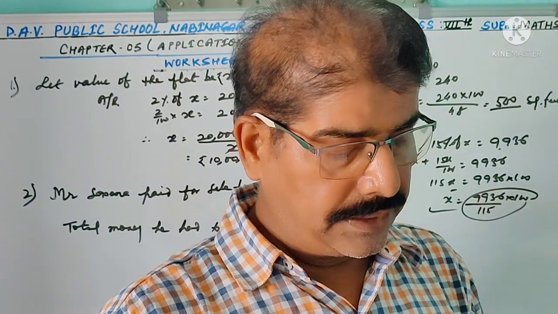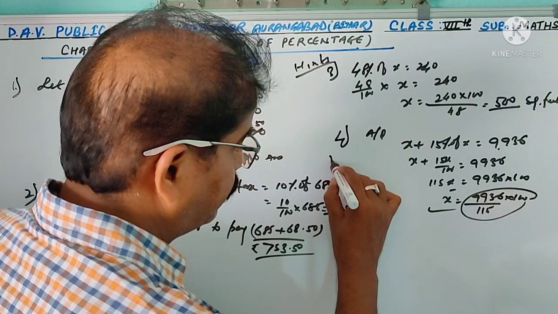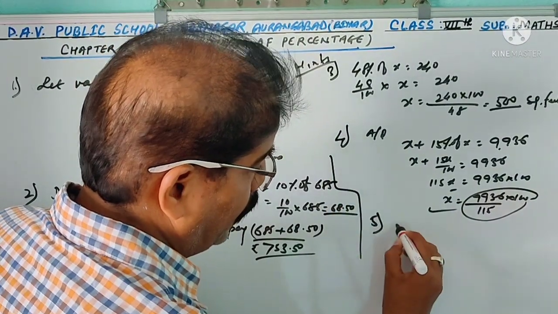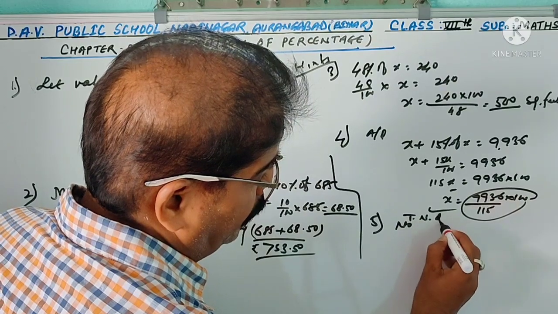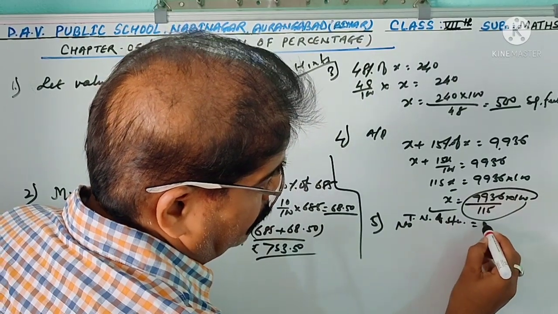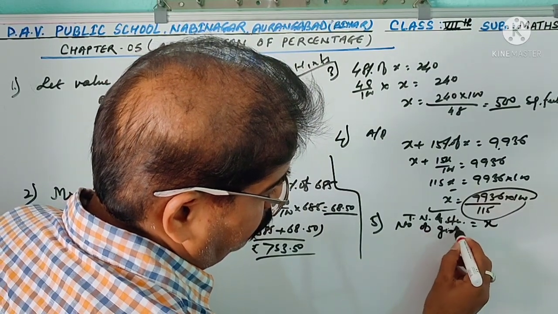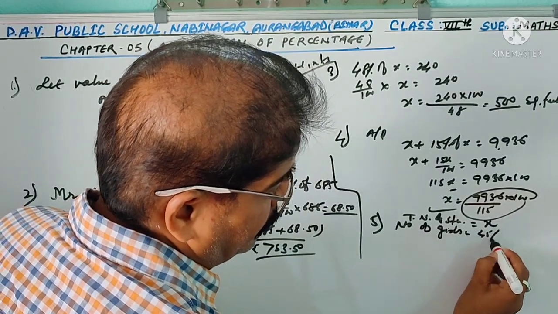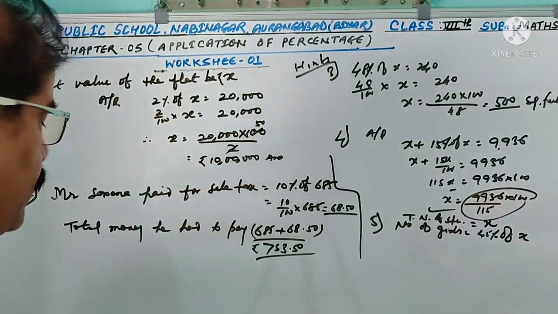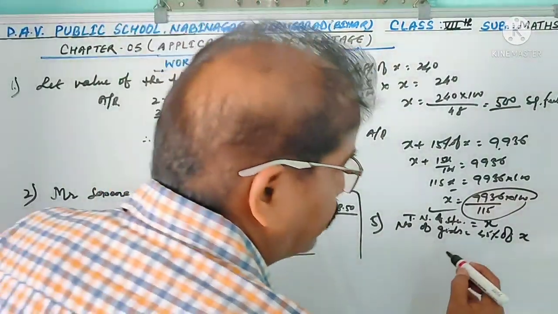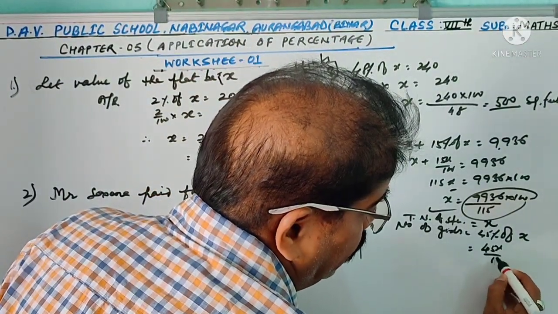The number of girls equals 45% of x, that is 45x by 100.